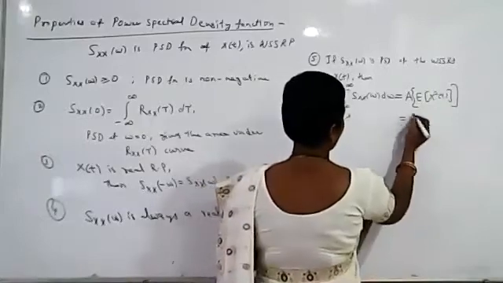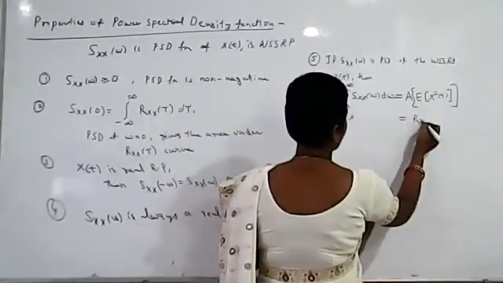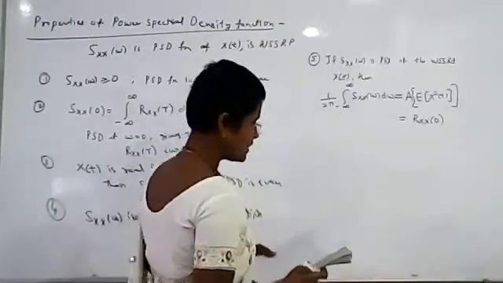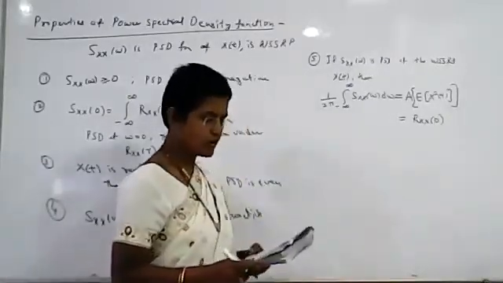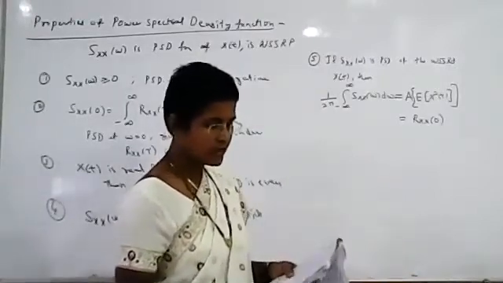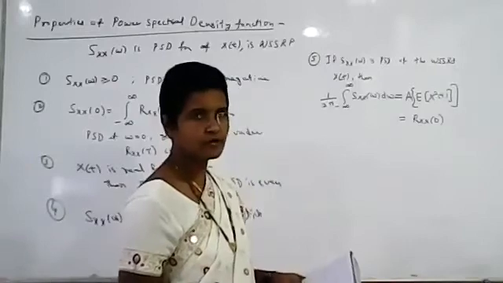This is nothing but Rxx of 0. That is, the time average of the mean square value of a wide-sense stationary random process equals the area under the curve of the power spectral density.